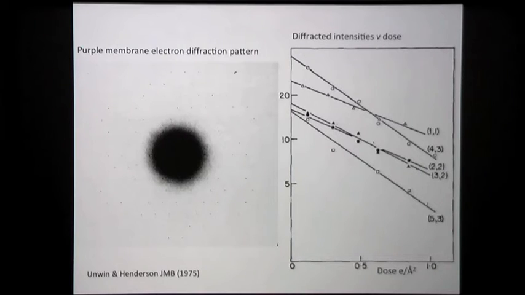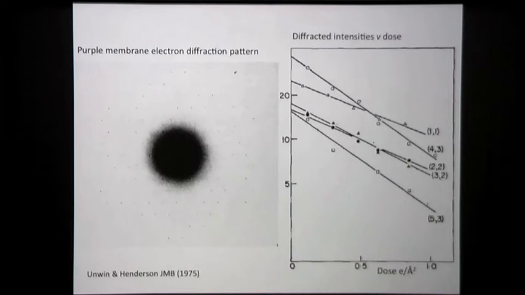And by taking electron diffraction patterns, you can see that the spots here go out probably to 3 angstrom, something like that, not here, but in some patterns. So there is extremely good order in these membrane patches.